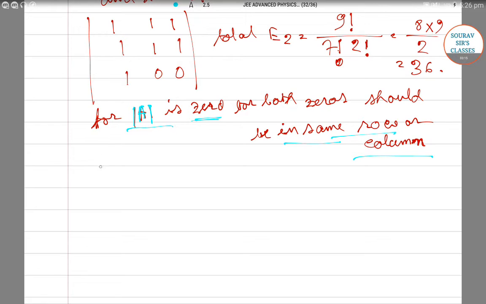So here the probability of E1 over E2 is equal to P of E1 intersection E2 divided by P of E2.